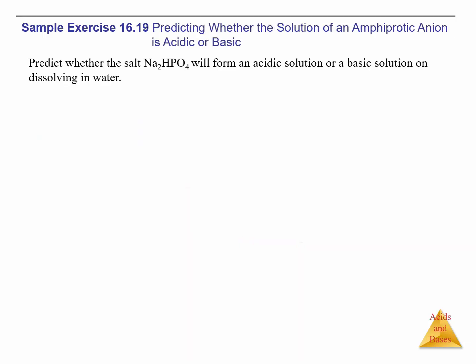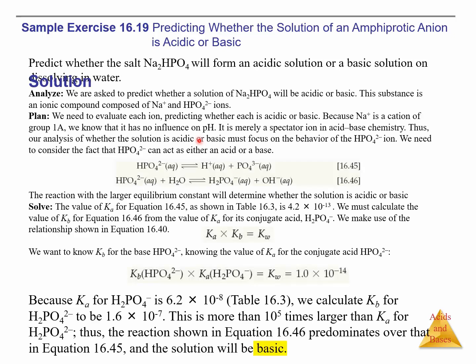Predicting whether the solution of an amphiprotic anion is acidic or basic. Again, predict whether the salt will form an acidic solution or basic solution on dissolving in water. Here we need to evaluate each ion, predicting whether each is acidic or basic, because Na+ is a cation, it does not affect pH, and it's a spectator ion.